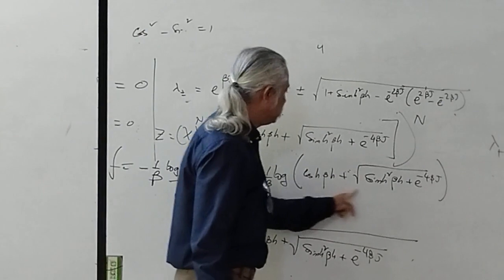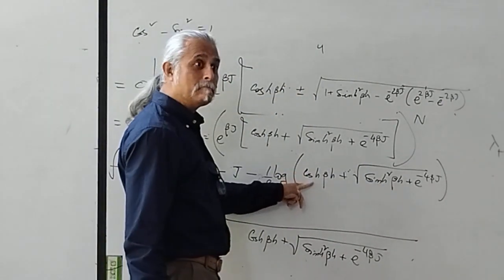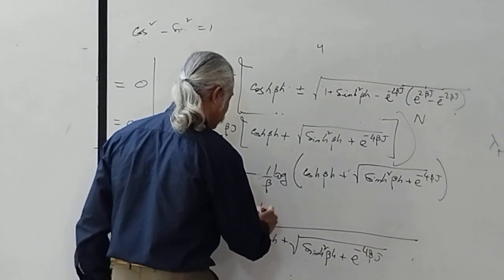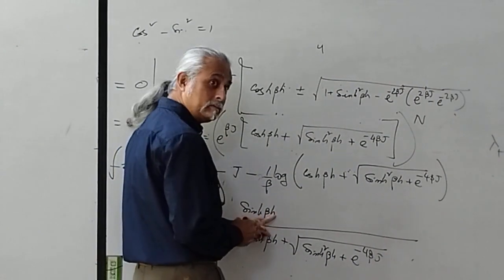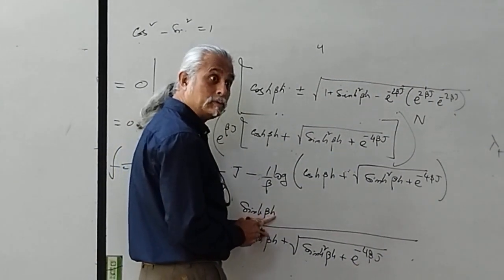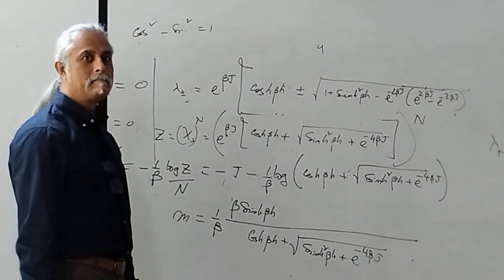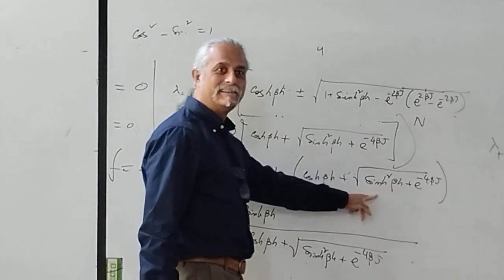Now you have to take the derivative of this. Sine hyperbolic beta H, then beta H derivative with respect to H, then you will have beta here. Similarly, you have to take derivative of that.